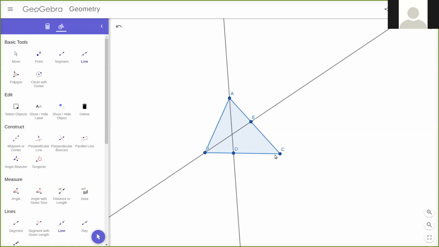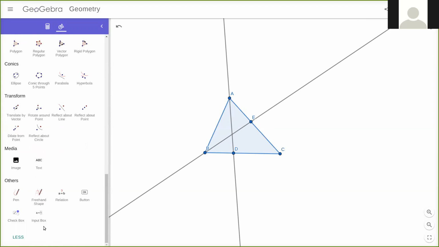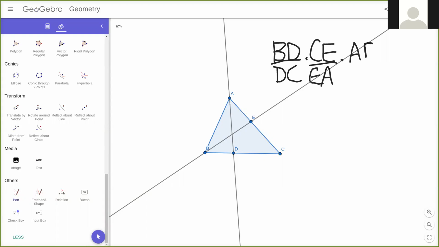But when we draw in CF, we can't assume that they're concurrent, because now we're starting with the assumption that BD over DC times CE over EA times AF over FB equals 1.